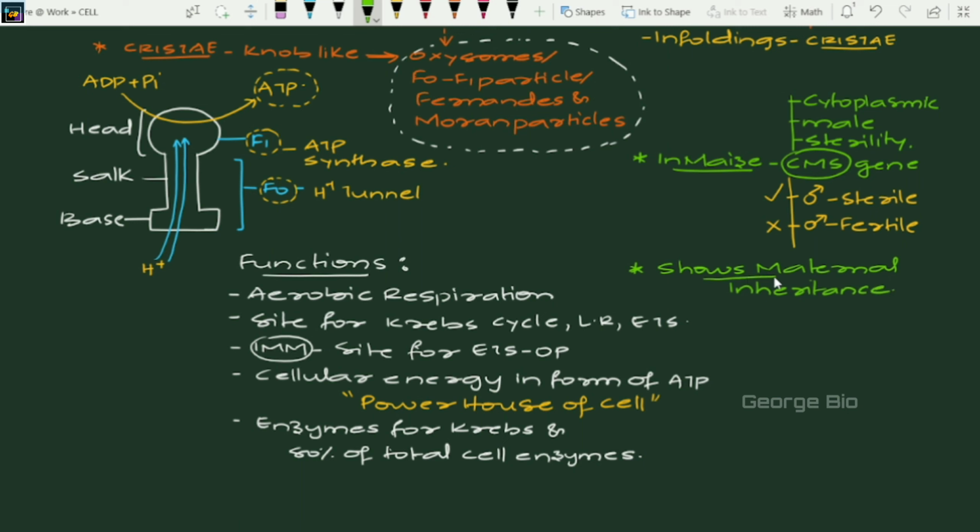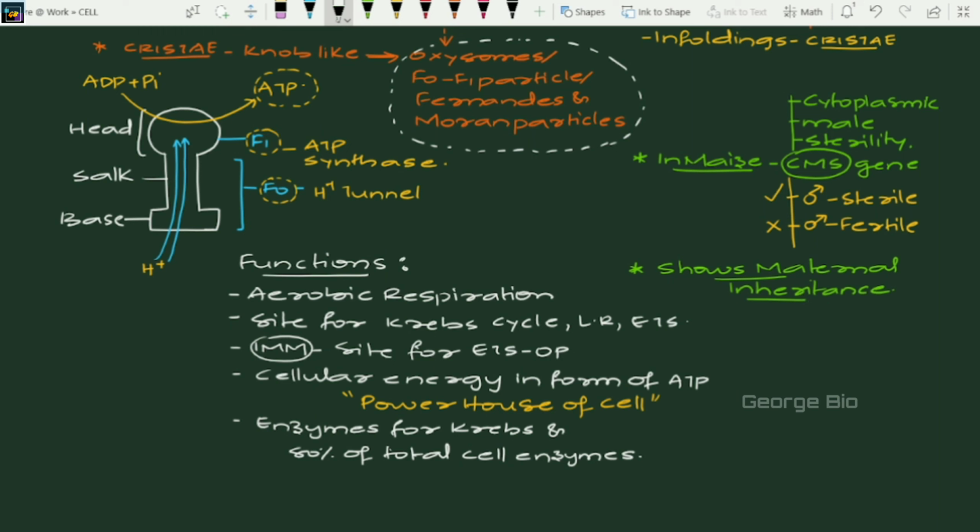In genetics, we will get connected questions from this topic, right? What are those questions? Give an example of maternal inheritance, that is mitochondria, or else mitochondrial inheritance comes under maternal inheritance. So this is all about the properties of mitochondria.